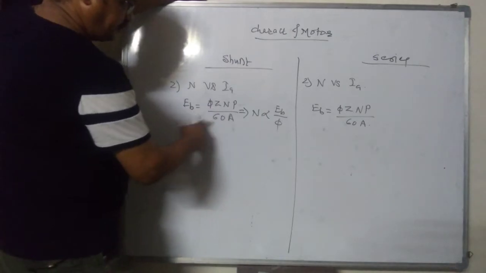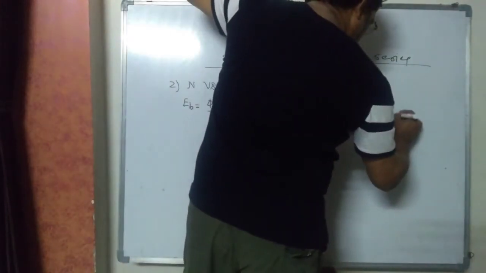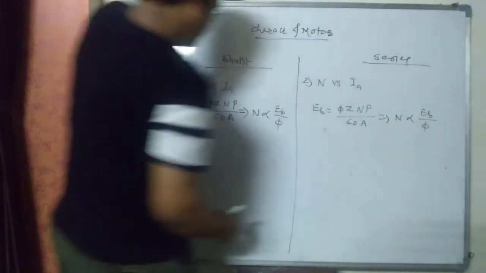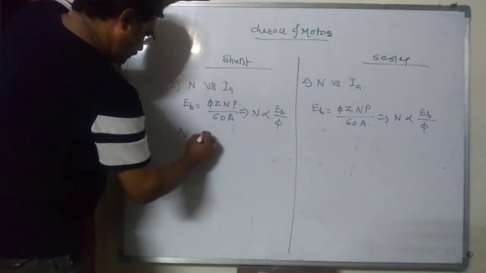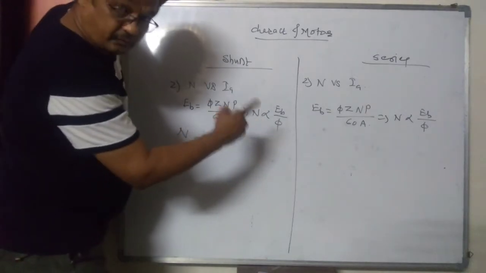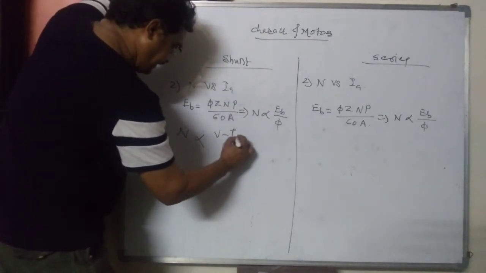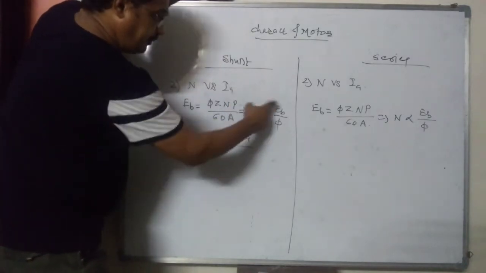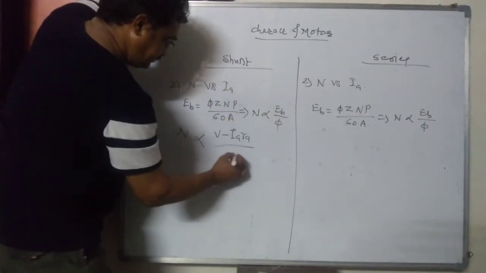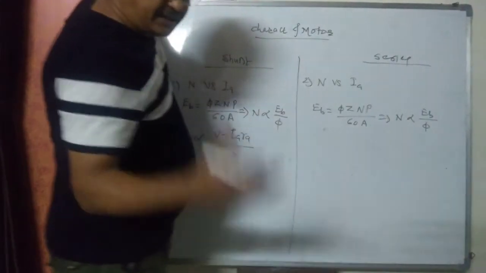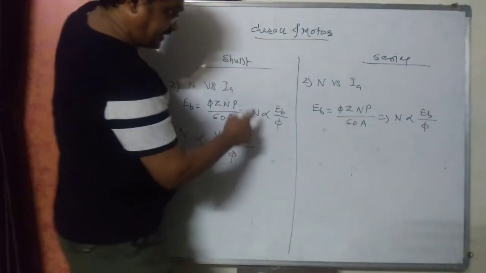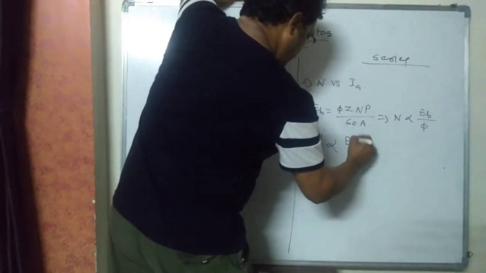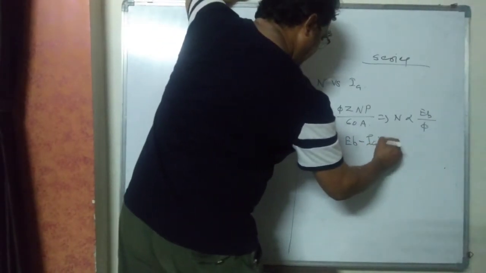So N is proportional to Eb, that is V minus IaRa, upon phi.